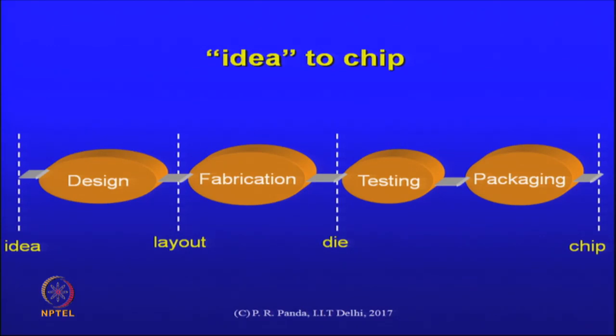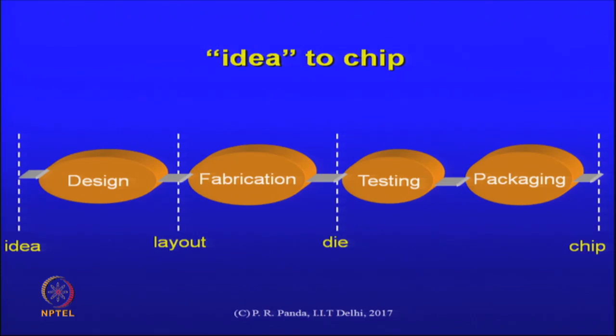But at the end of it we have the layout, which as we talked about the other day is a representation of the geometry of the system. There is a processing or a fabrication stage after that, at the end of which we have the dies. Those are ready for testing and packaging, which ultimately results in the chip.